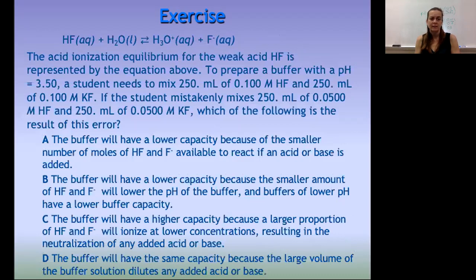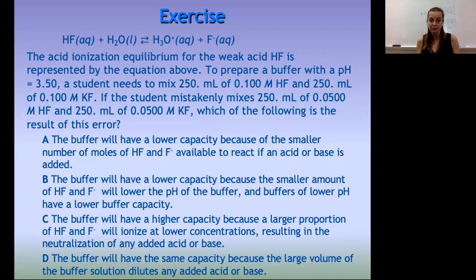Okay, this one asks us to consider both, I think. So again we're making a buffer by combining an acid and its conjugate base. We're combining this time hydrofluoric acid and sodium fluoride. So if instead of mixing 250 milliliters each of 10th molar hydrofluoric acid and potassium fluoride, they mix 250 milliliters each of 0.05 molar hydrofluoric acid and potassium fluoride, what's going to be the result?